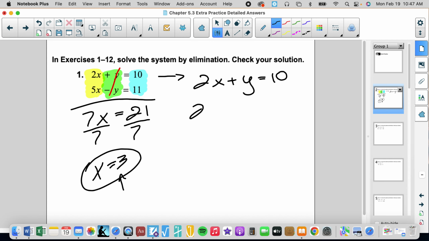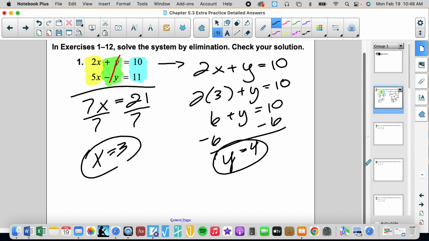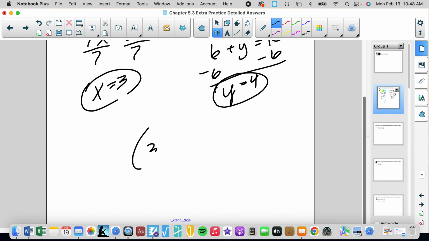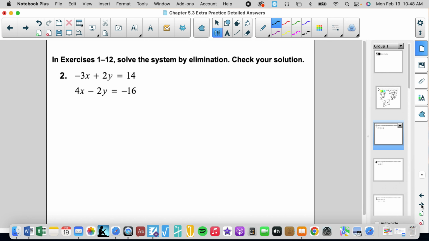We're going to plug in that x value to find out what the y value is. Minus 6, y equals 4. And just like that, in under a minute, we were able to find the solution to the system. Super efficient, especially when they're set up.